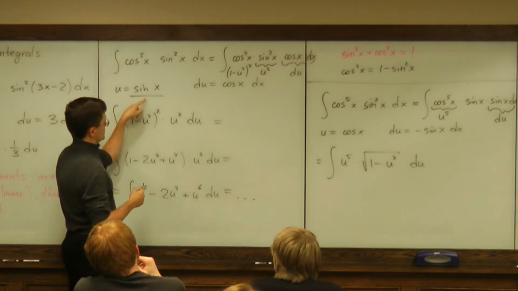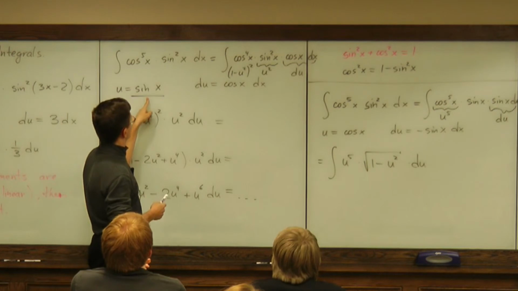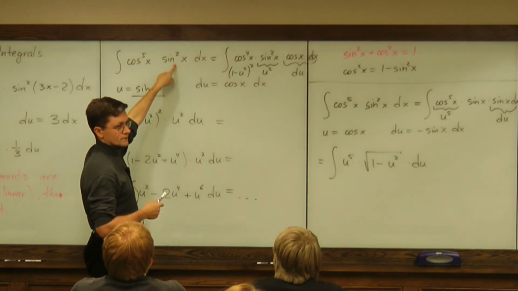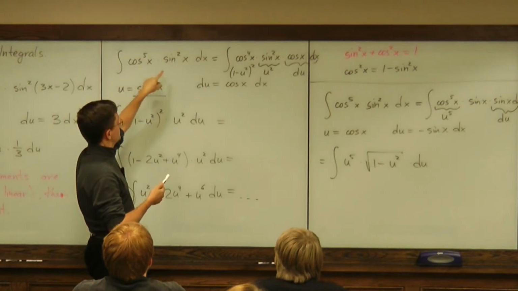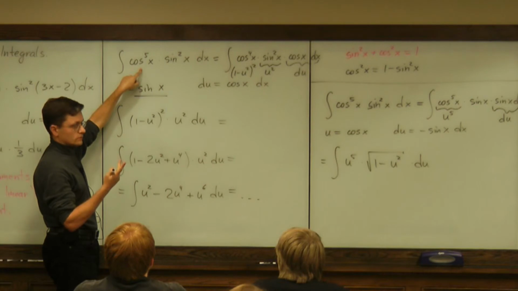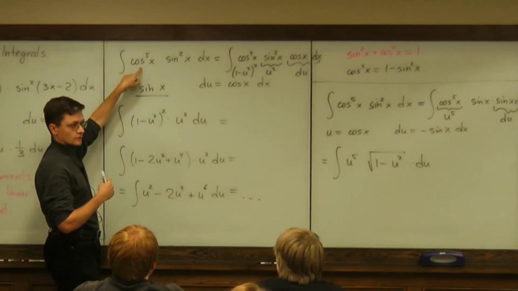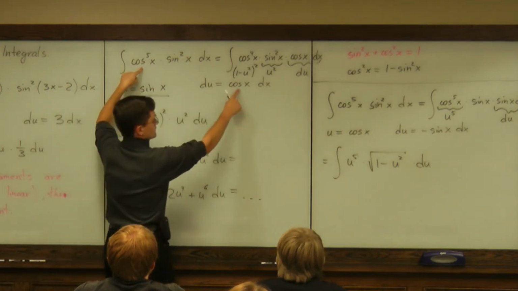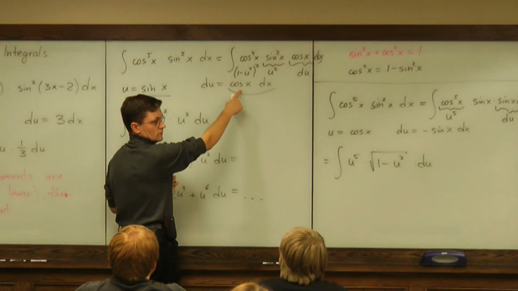When you make a substitution u equals sine of x, it will be easy to deal with any appearance of sine. It will become u. So the difficult point here is the appearance of cosine. And there are two issues. One is the cosine being present originally, and the other is the cosine that you need to make du.